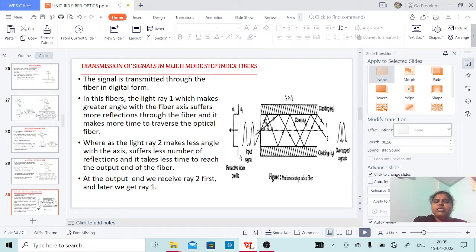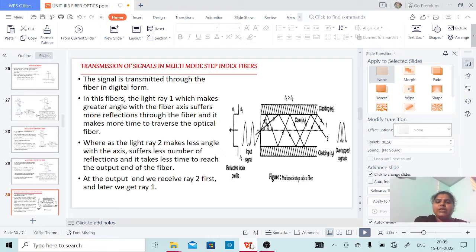In these fibers, the light ray 1, which makes greater angle with the fiber axis, suffers more reflections through the fiber and it takes more time to traverse the optical fiber. Whenever the angle of incidence is large with respect to the fiber axis, the reflections will be more and it takes a lot of time to travel within the core.